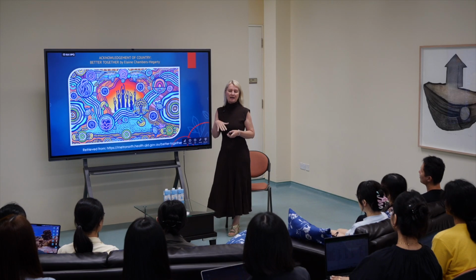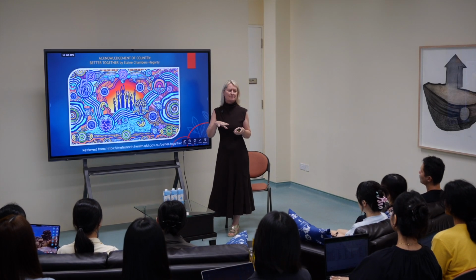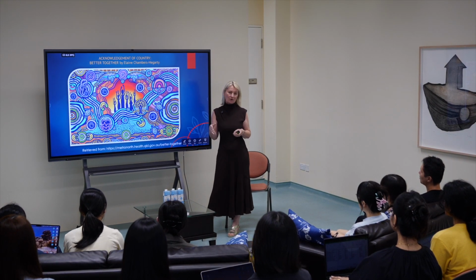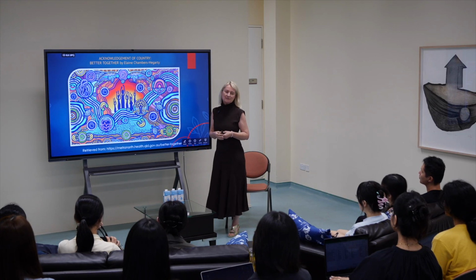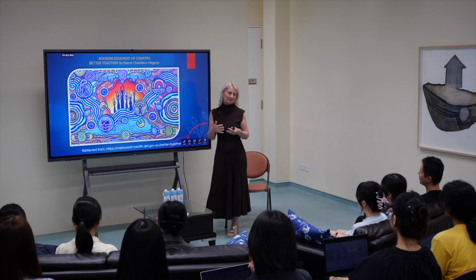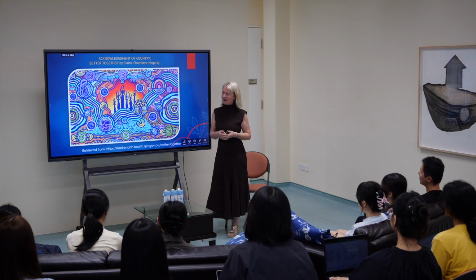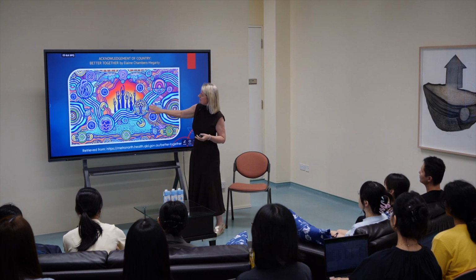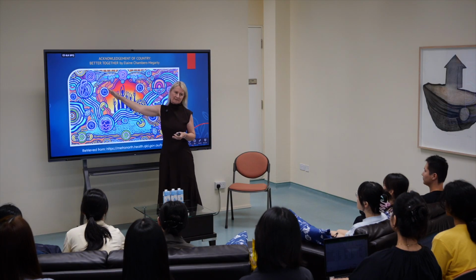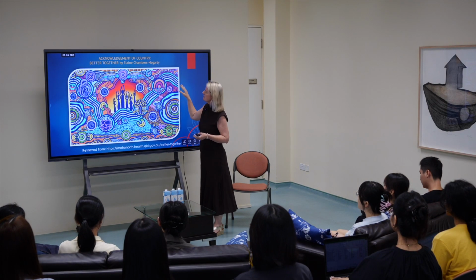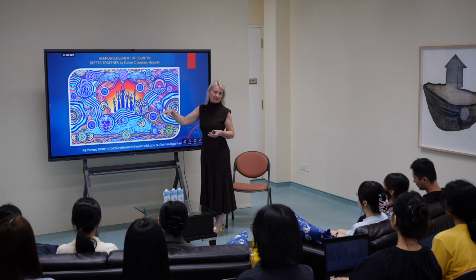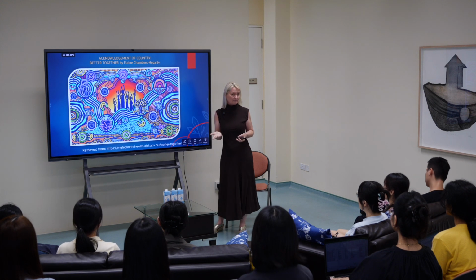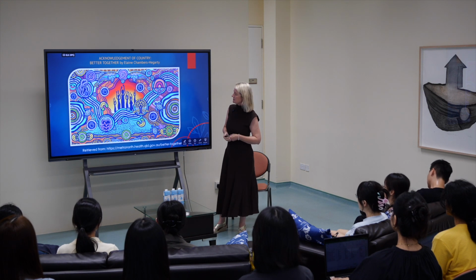Quandamooka takes into account some of our islands off the coast, including Minjerribah, or what was called Stradbroke Island. You can see that these lines all the way through connect community and culture, and can often represent water. Water is a really important part of First Nations culture as well.